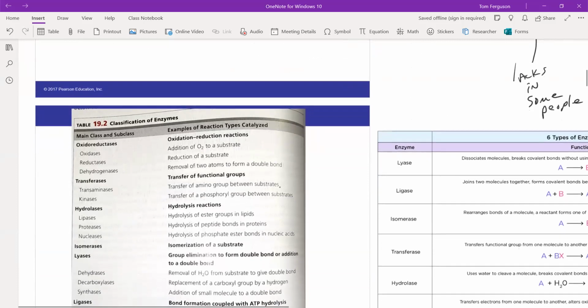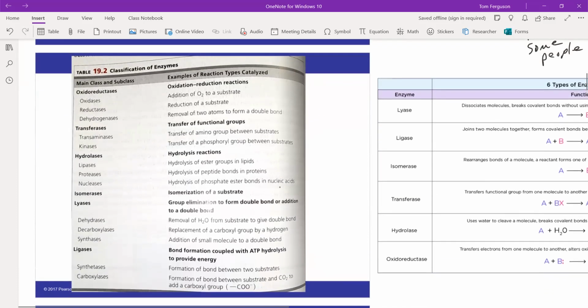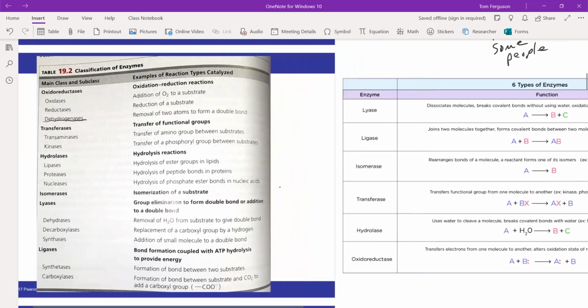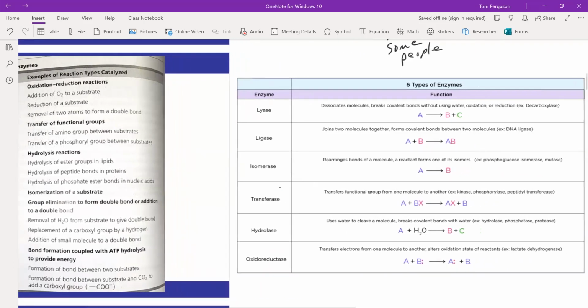Okay, so this page is out of your book. It lists the 6 classes of enzymes, and it also lists the subcategories from each enzyme. For example, here's a dehydrogenase, which is mentioned here. The removal of 2 atoms to form a double bond. Okay. Now, one thing I want to mention also is this other chart.